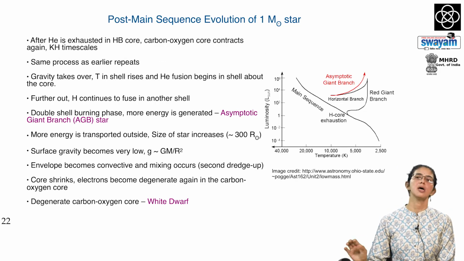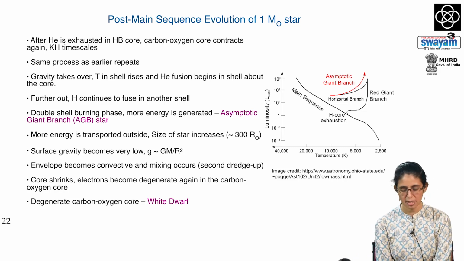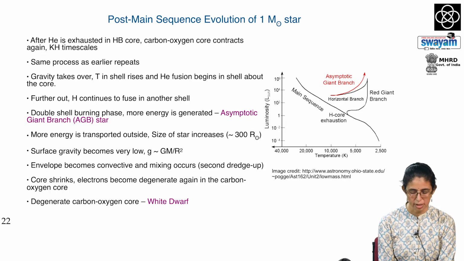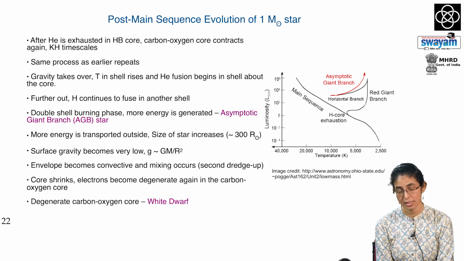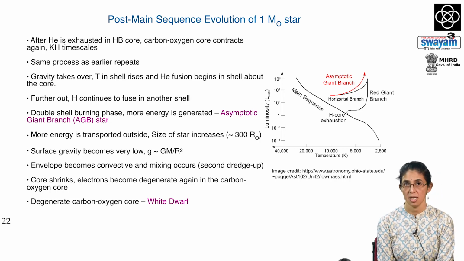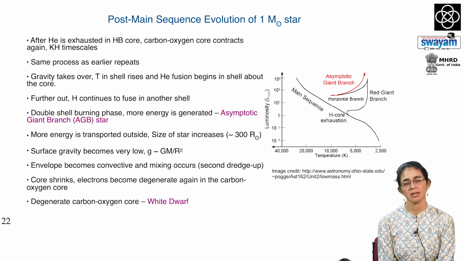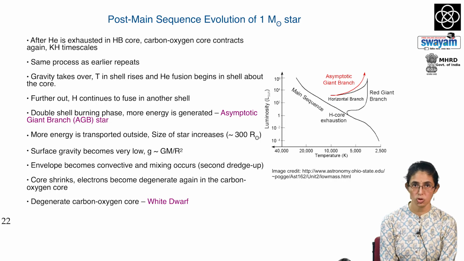Now, what happens after the helium burning in the core is exhausted? The star again begins to contract, that is the core which comprises carbon oxygen contracts on Kelvin-Helmholtz time scales. And although it gets heated up, compared to the earlier phase, it has lost most of its mass.